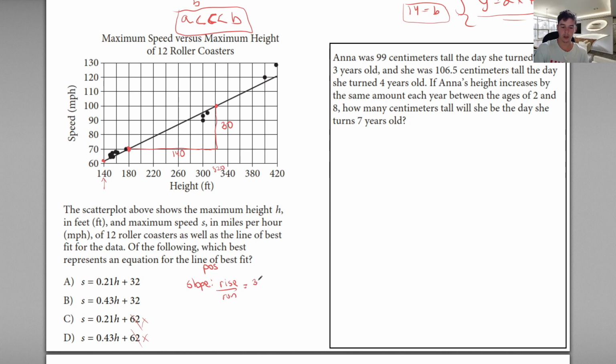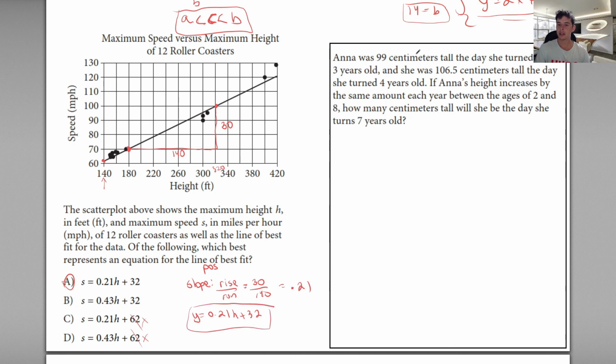That's equal to 30 over 140. Since it's in decimals here, we can do 30 over 140 in the calculator. 0.21. So we know that, not even calculating the y-intercept, the equation for letter A is the right one. So y equals 0.21h plus 32. That's good.